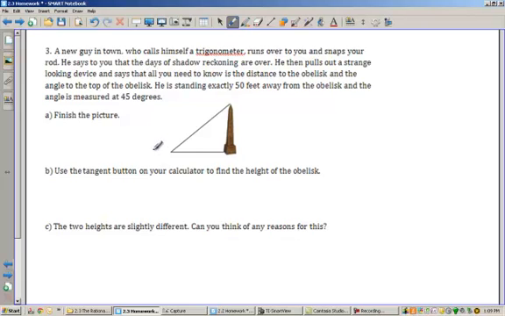So first thing I want to do is finish the picture. Here's this guy, the trigonometer, hanging out right here, and he's 50 feet from the obelisk. What this guy has is sort of a sighting device. You can almost make your own, if you remember way back to the school days when you had this sort of protractor.